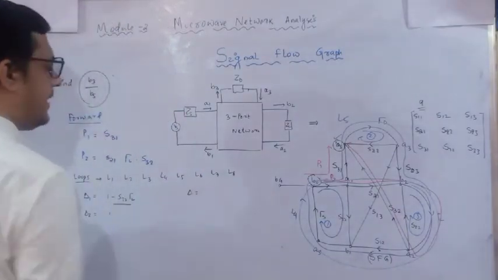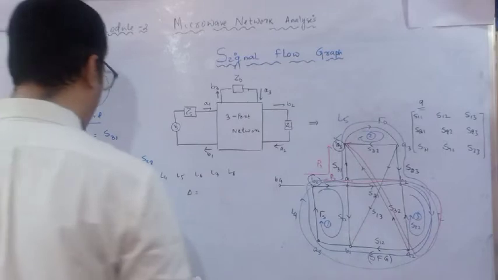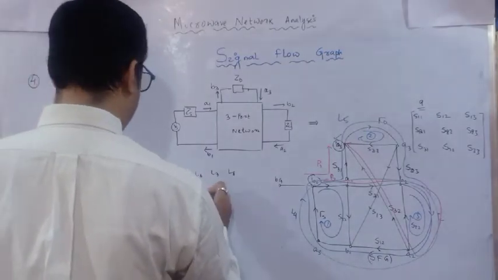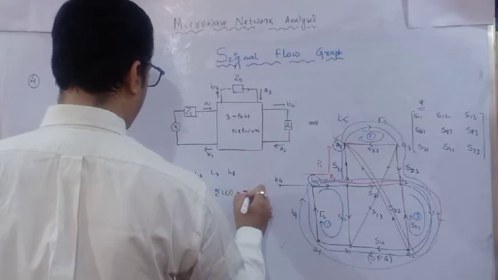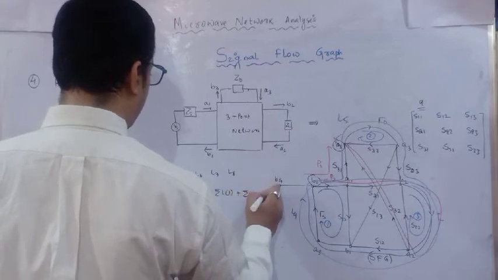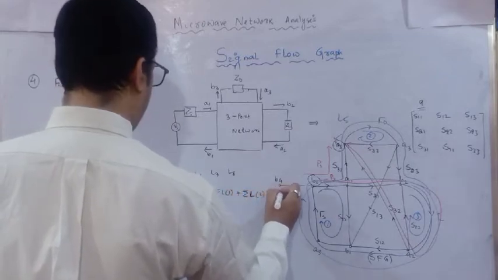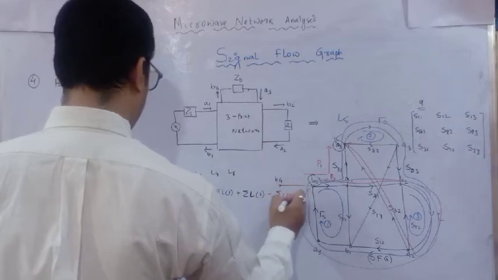And we have to identify del. So what is our del? Del is 1 minus summation of L1, plus summation of L2, minus summation of L3.